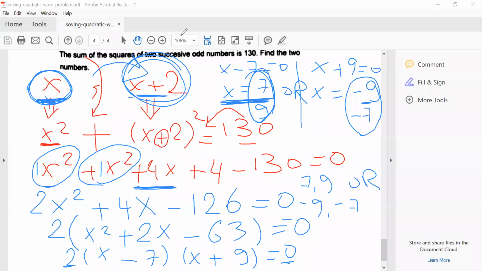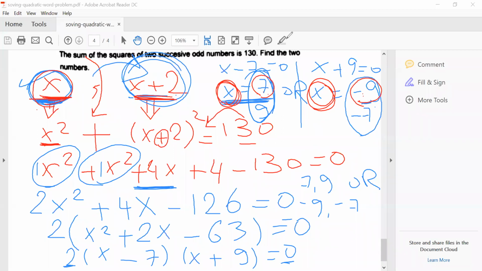When you are getting the value of x, I'm getting one of the numbers. From the start I considered one of the numbers x and the other number x plus 2. In both cases here, you are getting the value of x. So I have 2 values for x, and since I have 2 values of x, I must have 2 values of the successive one for them. Are 7 and negative 9 2 successive odd numbers? When I got 7 and negative 9, the 2 solutions of x, are they after each other?